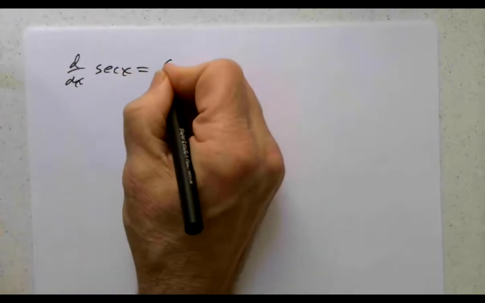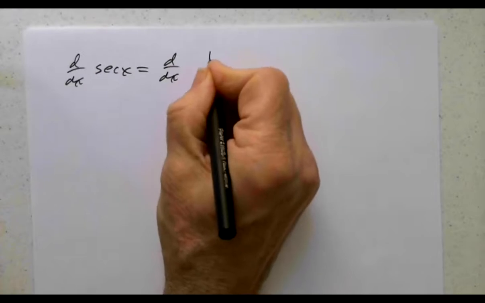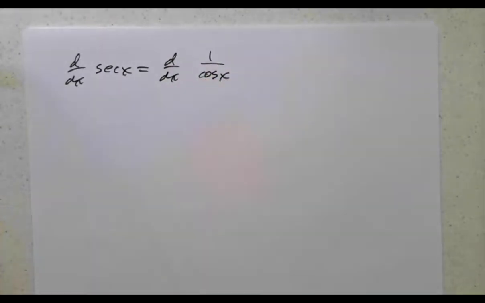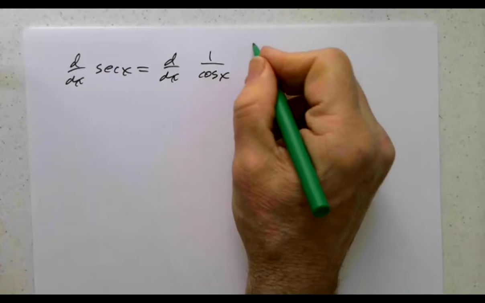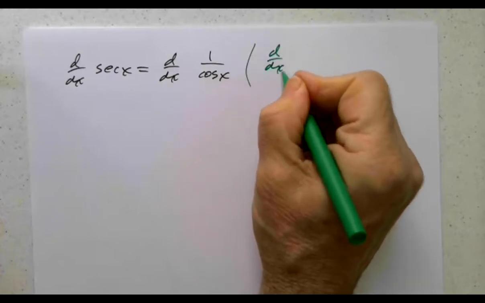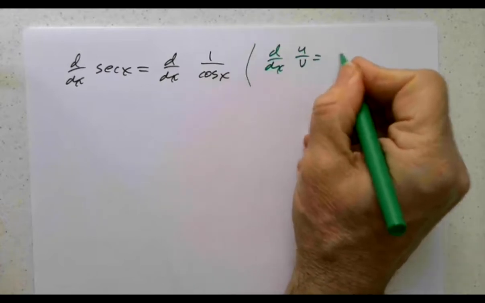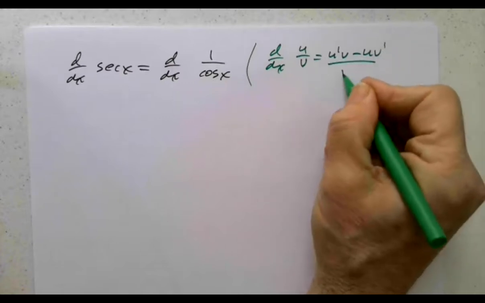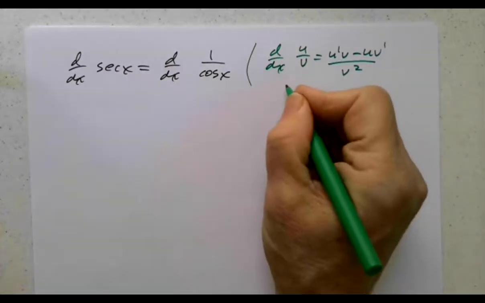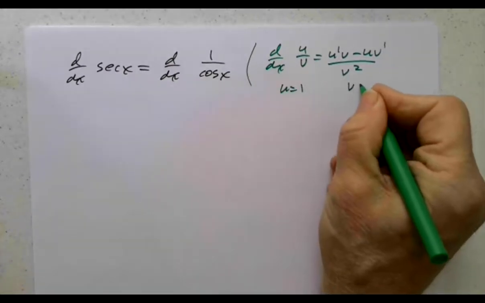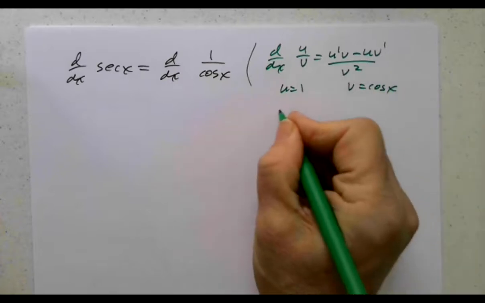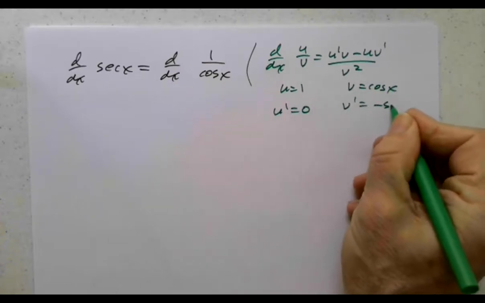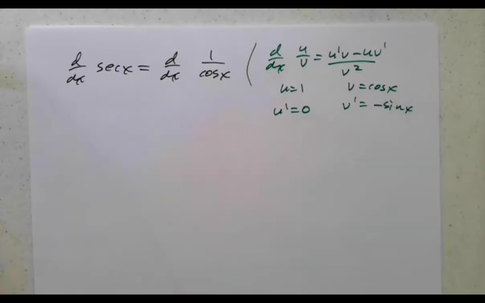Secant, of course, is 1 over cosine. So again, I'm going to use the quotient rule, which is derivative with respect to x of u over v is u prime v minus uv prime over v squared. U is 1, v is cos x, u prime is 0, v prime is minus sine x. So what do we get?